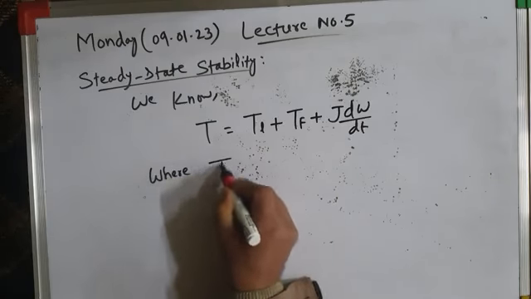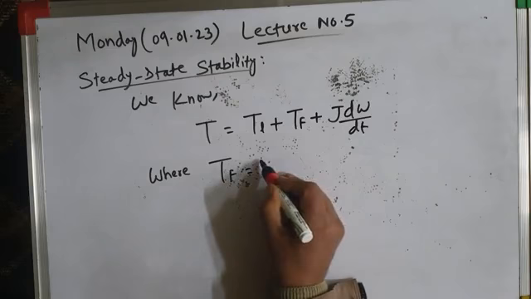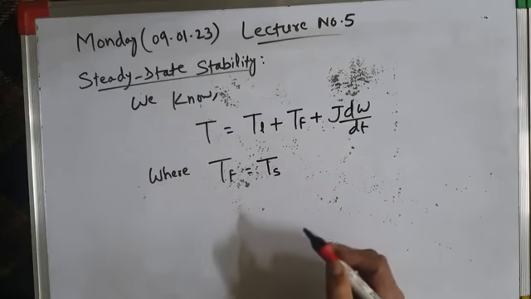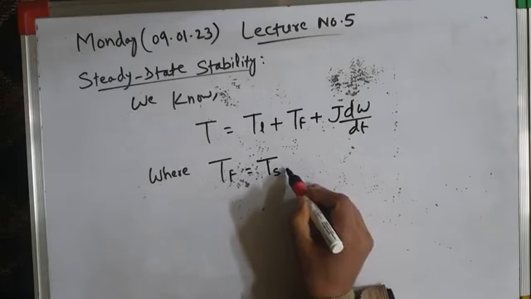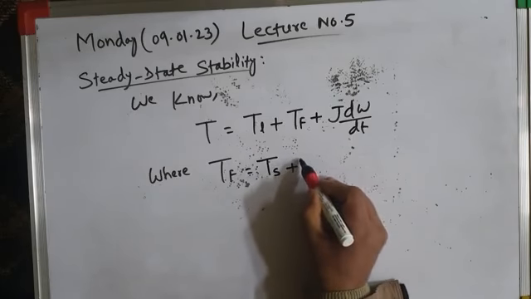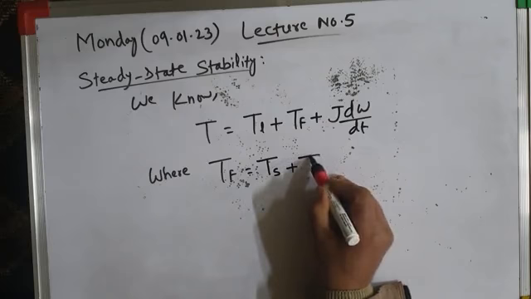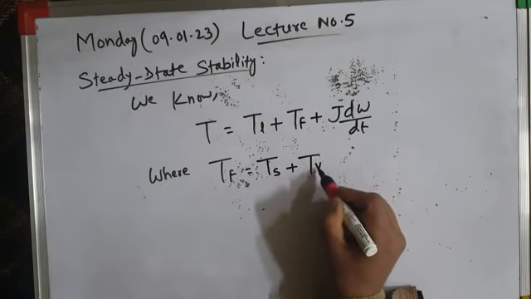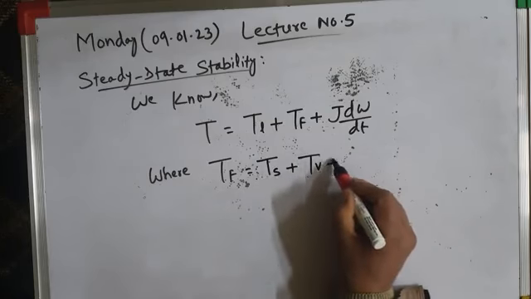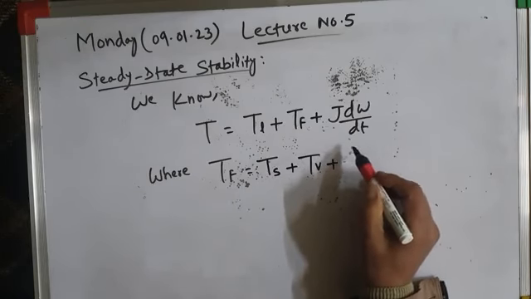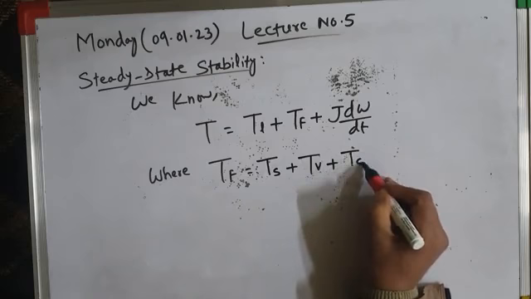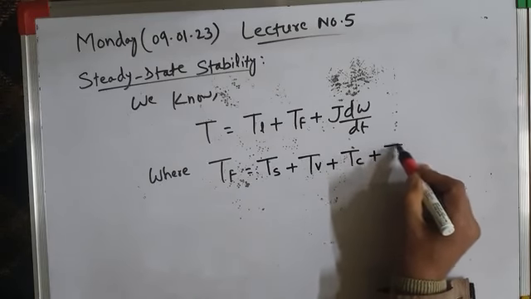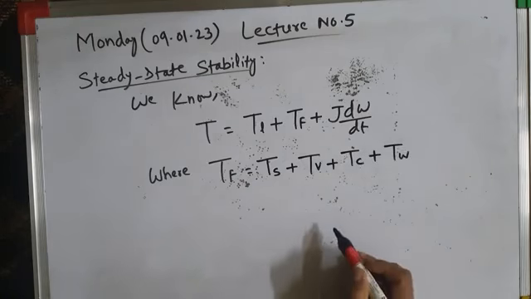We already know that this friction torque has different components: a static component Ts, plus a viscous friction component TV, plus a constant component TC, plus TW, that is the windage component.